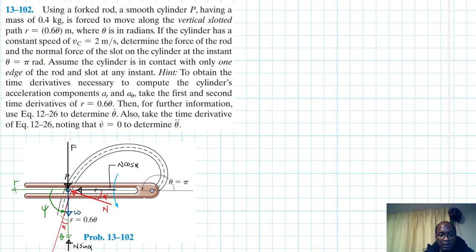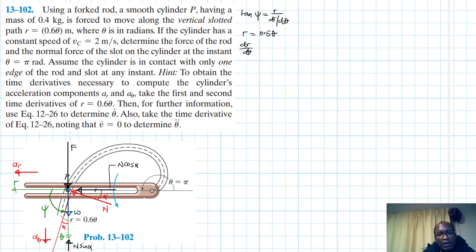Let's now start working out. Before we do so, let's also indicate the direction of our motion. These are the kinetic diagrams. That is my a_r arrow and that is my a_theta. So our tan psi is just equal to r over dr/d theta, and our r is 0.6 theta.